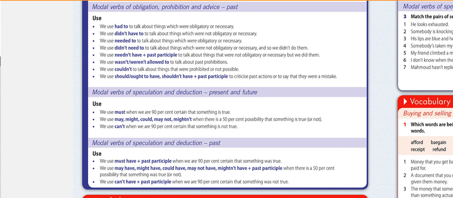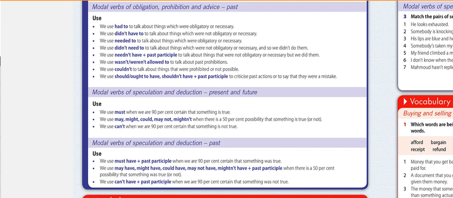When there is a 50% possibility that something was true or not true in the past, we use may have, might have, could have, may not have, might not have plus verb 3 or past participle.